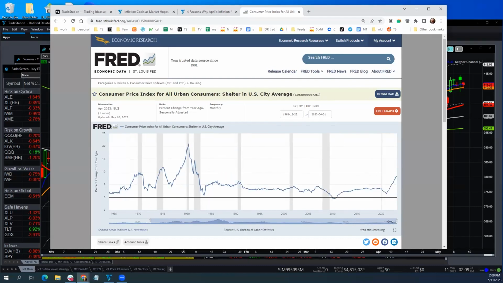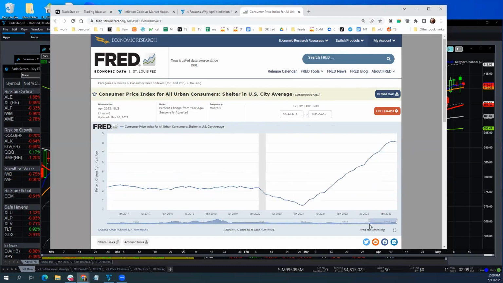And that's what you would expect to see when it begins to peak. So the rate of change is now slowing on a year over year basis.